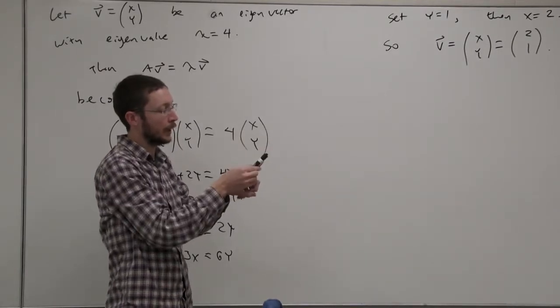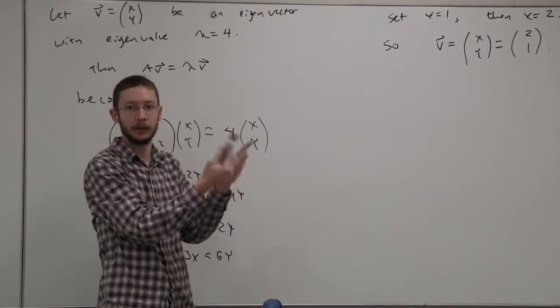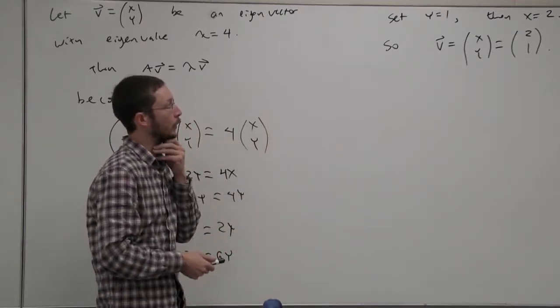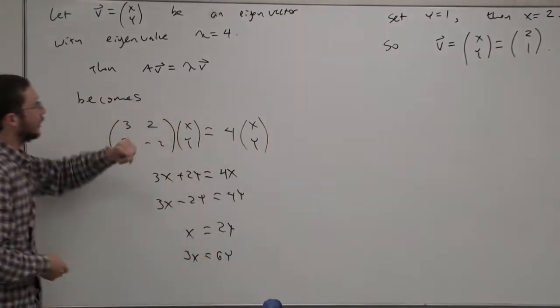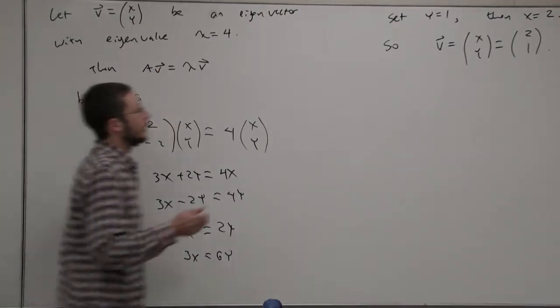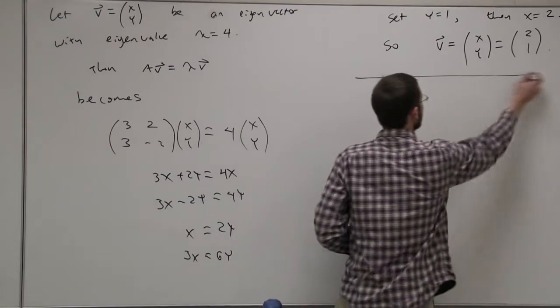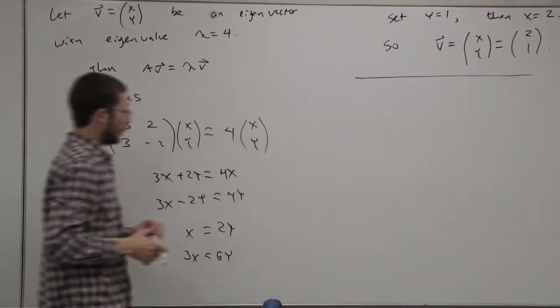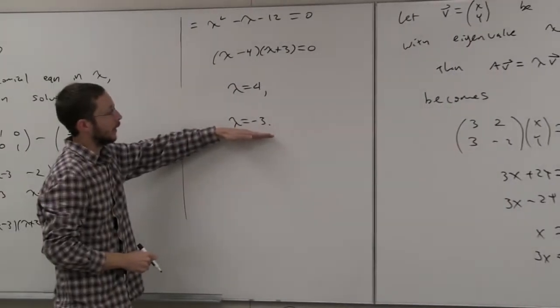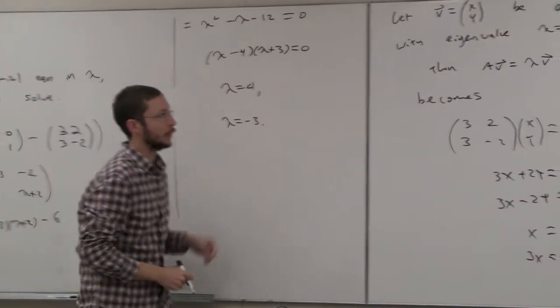You can just pick any one of those. And so, there we go. We've got a perfectly good eigenvector (2, 1) associated with this eigenvalue, lambda equal to 4. We'll go ahead and run through the next one as well and find an eigenvector associated to lambda equal to -3.